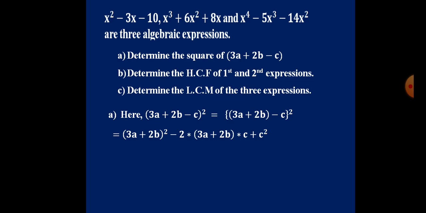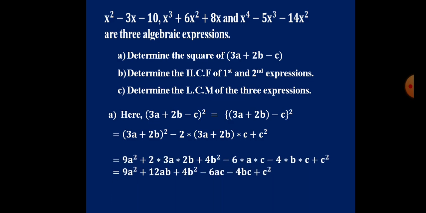So as we have applied here, 3a plus 2b, we can treat it as a, so 3a plus 2b whole squared minus 2 times 3a plus 2b times c plus c squared. And now the first term 3a plus 2b whole squared can be further reduced as a plus b whole squared as follows. So finally we get 9a squared plus 12ab plus 4b squared minus 6ac minus 4bc plus c squared.